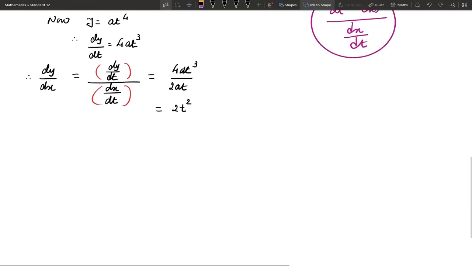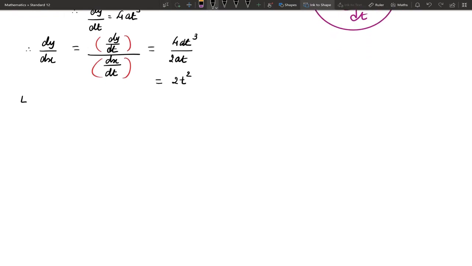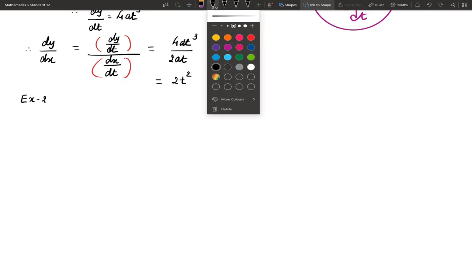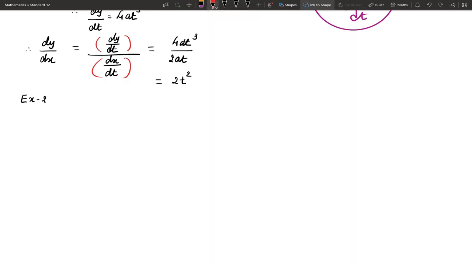Second example. x equal to sin t, y equal to cos 2t.